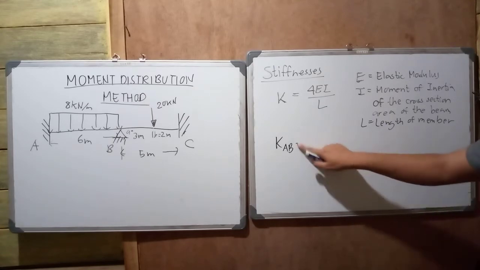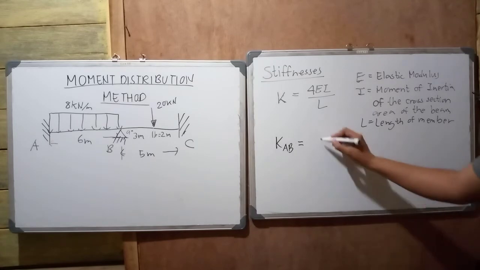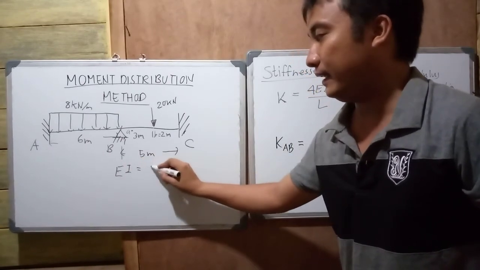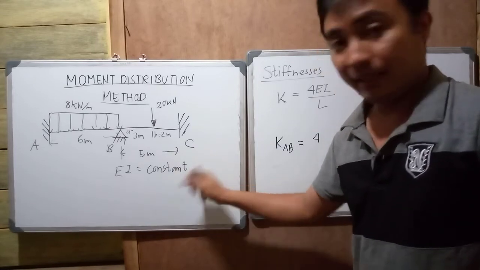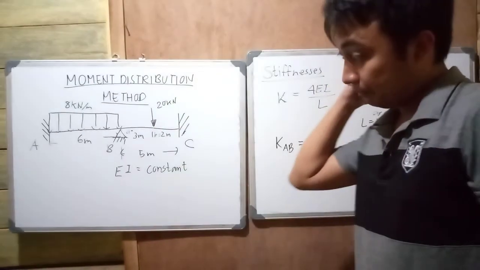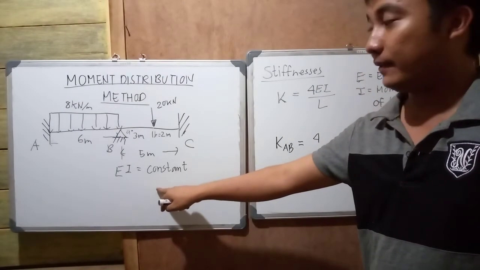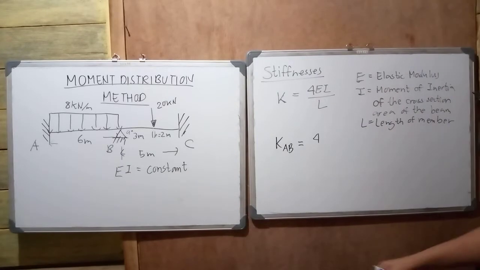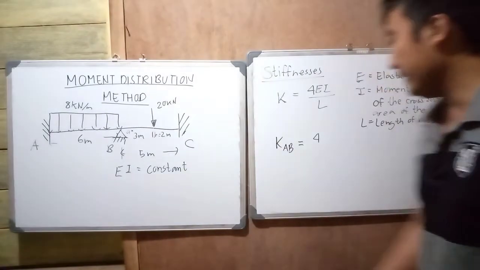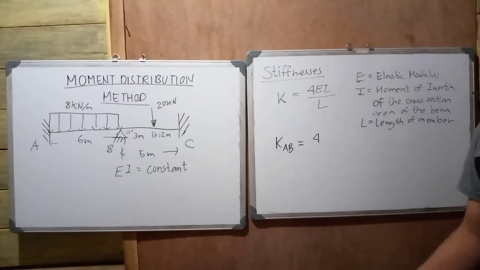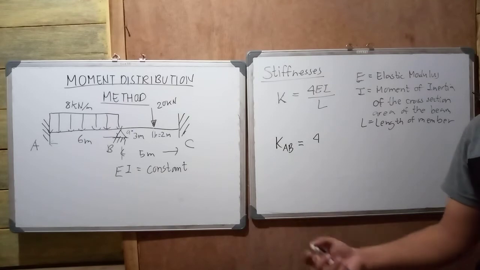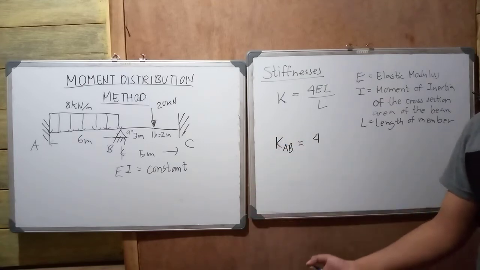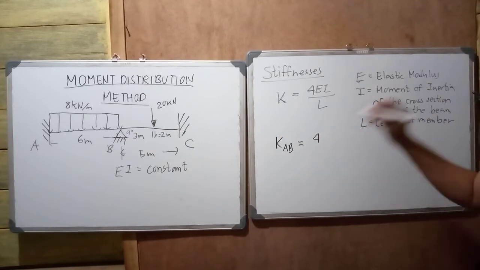So, KAB here is 4. Since nothing was stated, let us consider EI as constant. We can consider EI as constant if it is not given. In the questions in the book, they sometimes say to consider EI as constant, but often E and I also have values. Don't worry, because I will give examples where E and I are given, and also problems where EI is neglected or considered constant. Let's proceed with this example first.